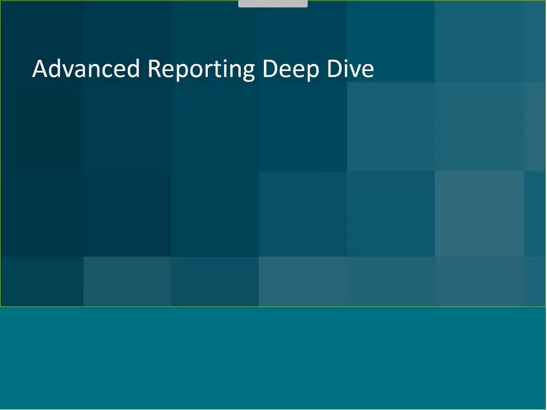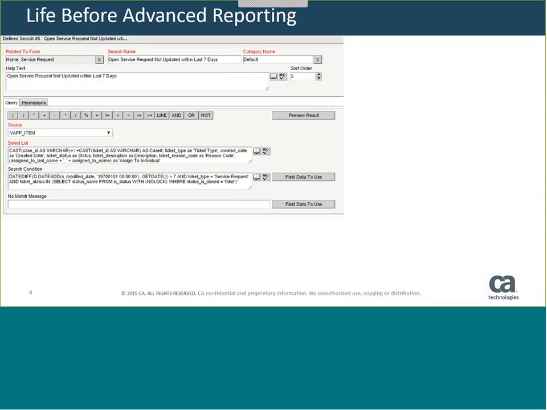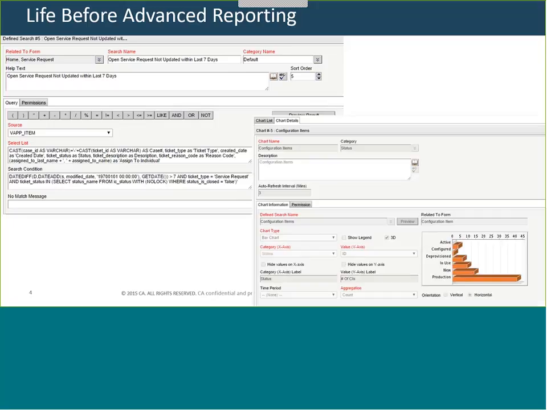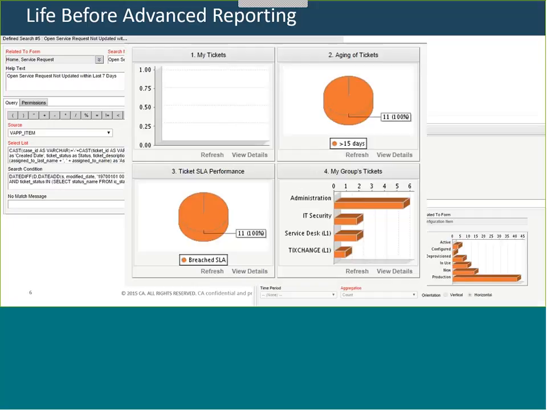Advanced reporting completely changes the way we get data from CSM. Before it, we had to use scheduled data extracts or live with cumbersome defined searches to create charts and finally get some dashboards in the end. Those were very limited because they used the production database, so a complex query could impact the performance for end users and the interface.